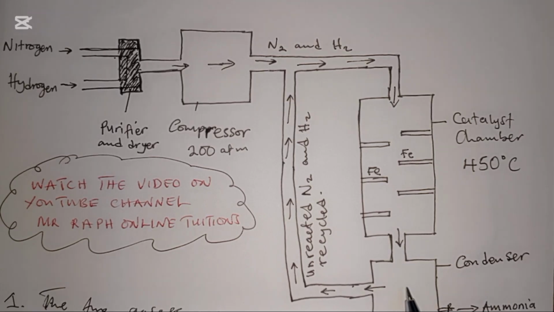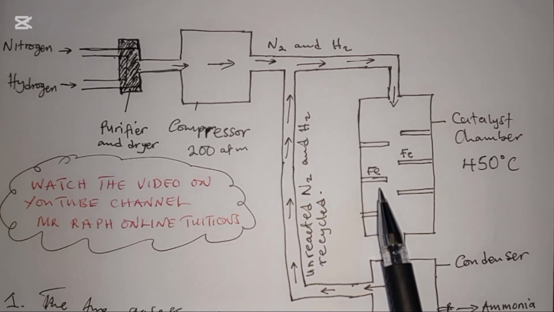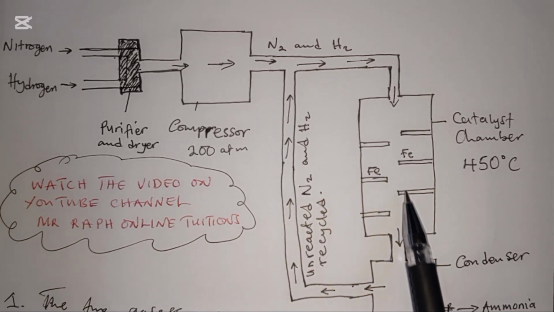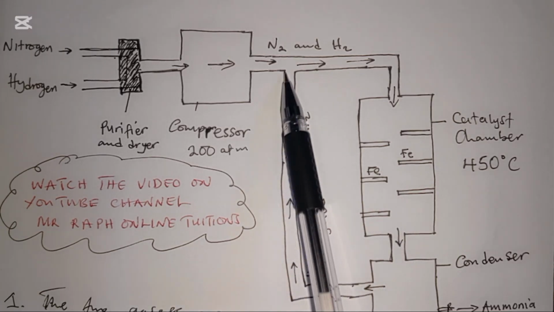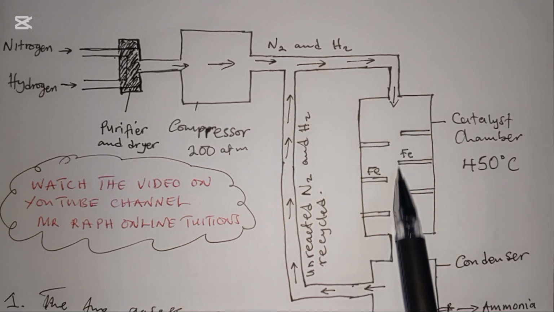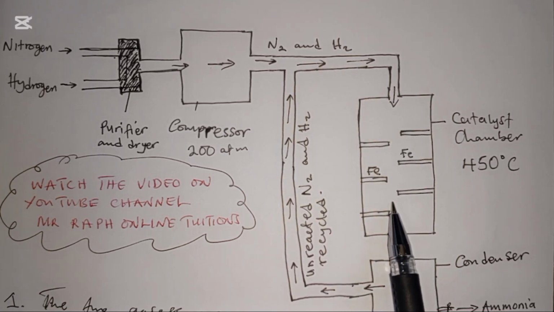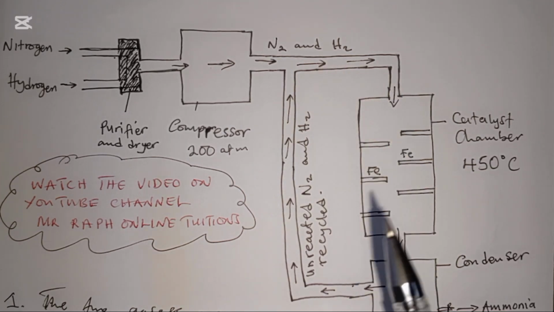In this condenser, ammonia is condensed and converted to liquid, then collected. The nitrogen and hydrogen which did not react are given a chance to go back so that they react.